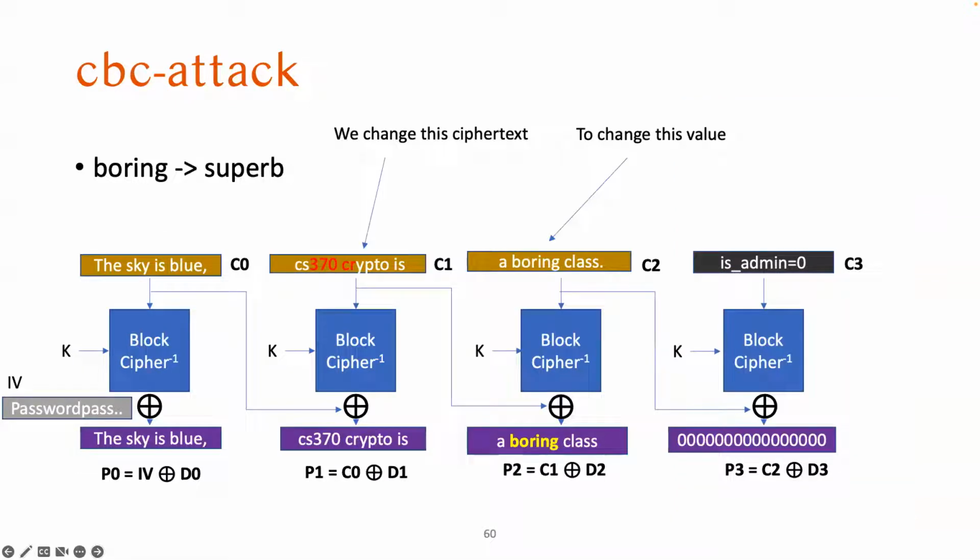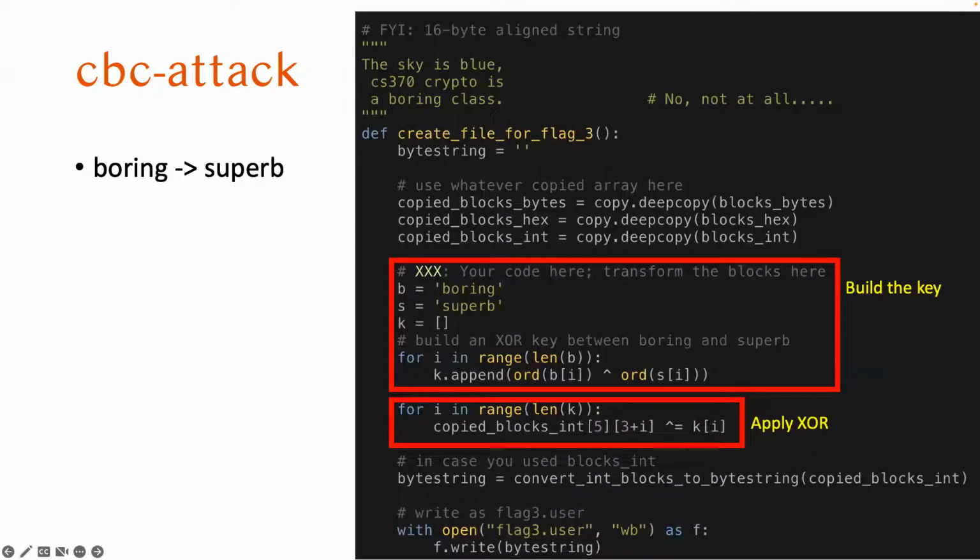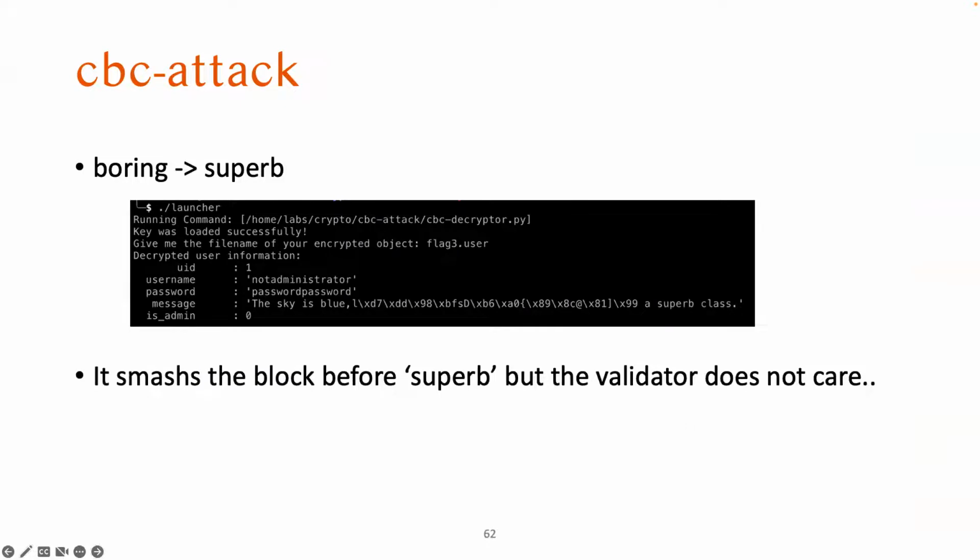So how we can do that is we can apply XOR to here, then we will screw up this block, but we can take control of the plaintext here. So this is how you can do that. And then this is the result.